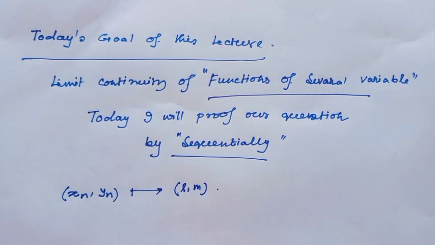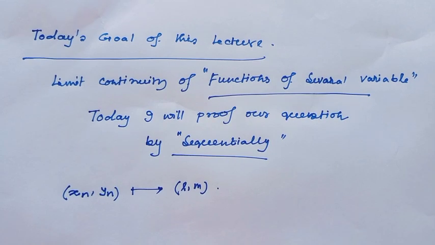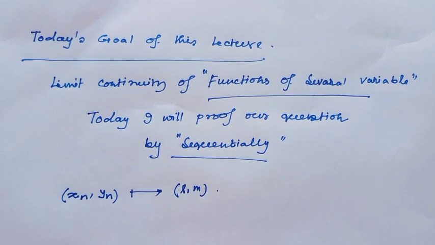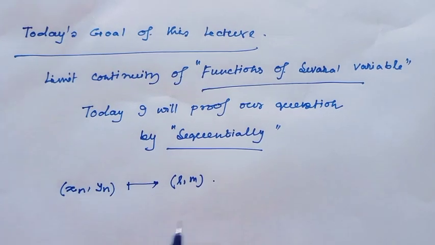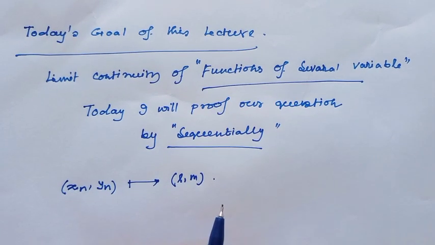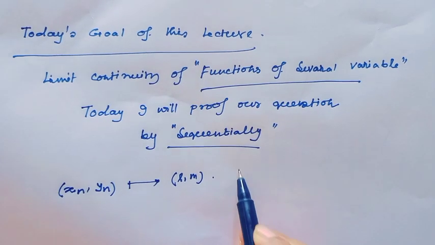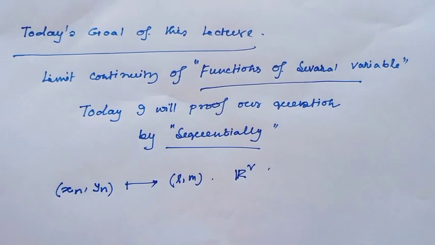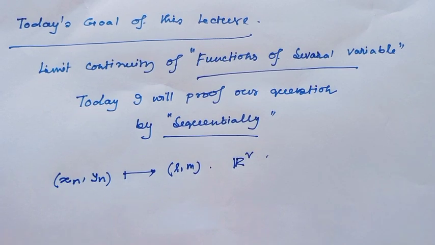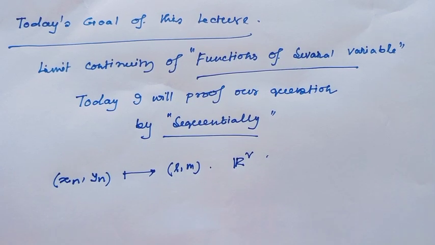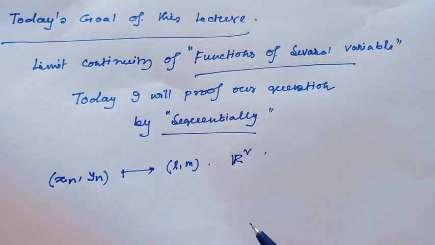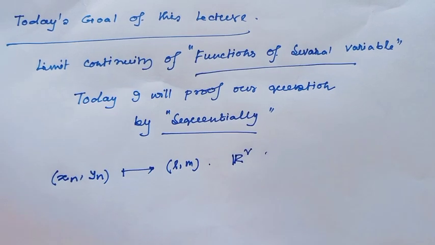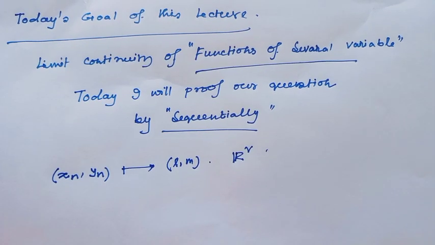Prove continuity sequentially. At first I will see what the meaning of (xn, yn) converges to (L, M) is. Here I have considered R2 just for short calculation. In multivariable calculus this can be n variables, but for short calculation consider only 2 variables.